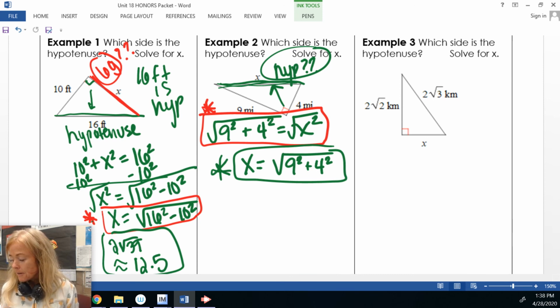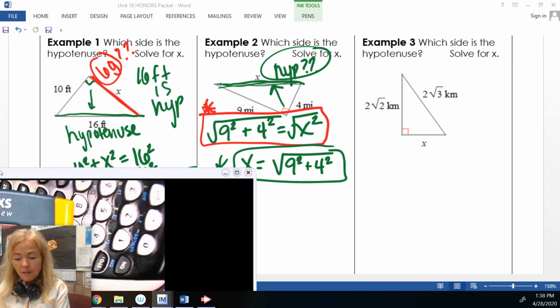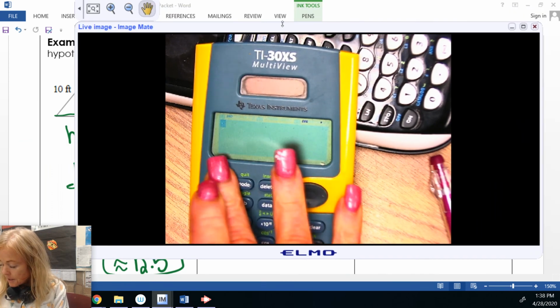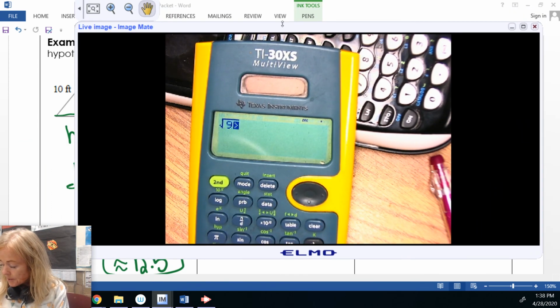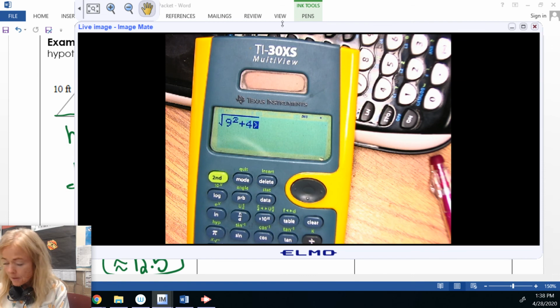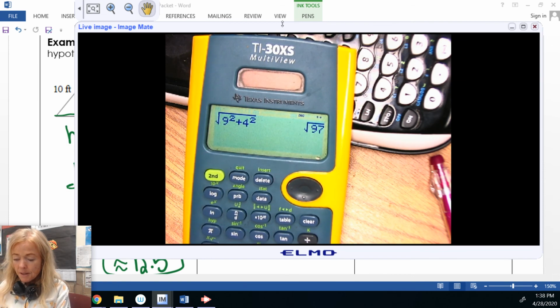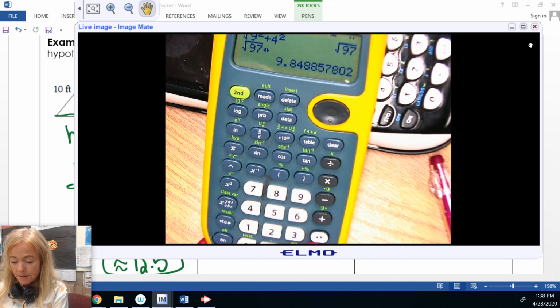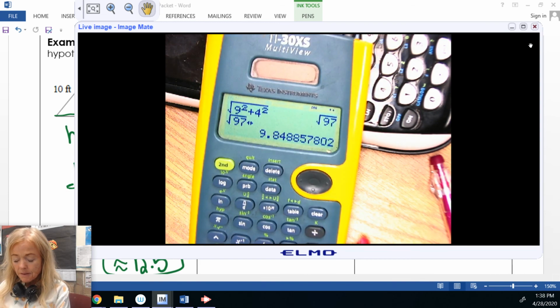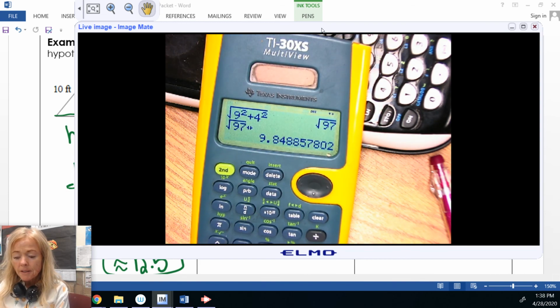I'll be done. All right, so in my calculator, 9 and 4 were legs, so 9 squared plus 4 squared, and that is radical 97. If I hit this little toggle arrow, I get an approximation of 9.8.